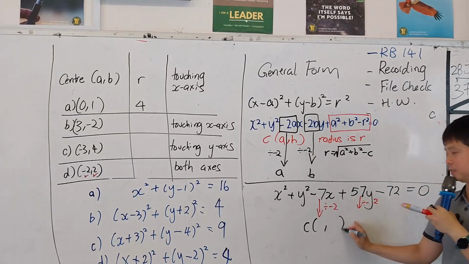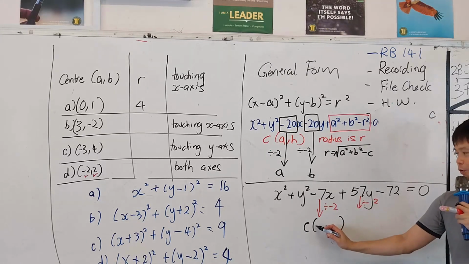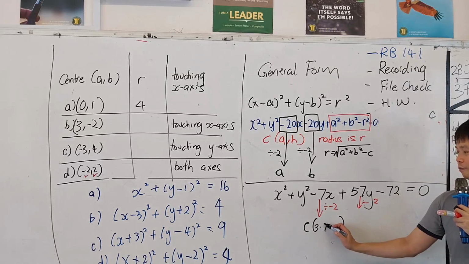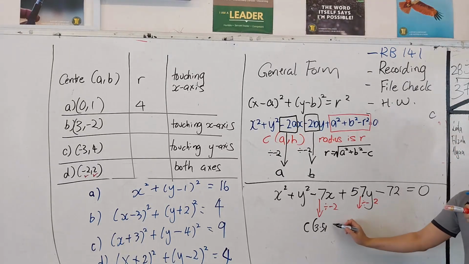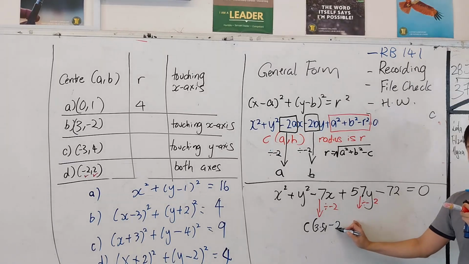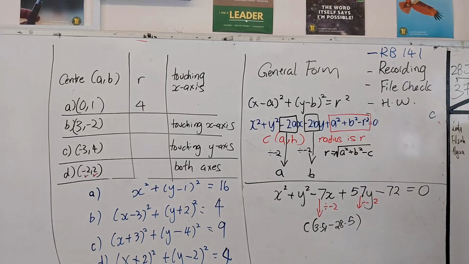The center is 3.5 and negative 28.5. That's the center. Now, in order to find the radius, what must you do to these three numbers?